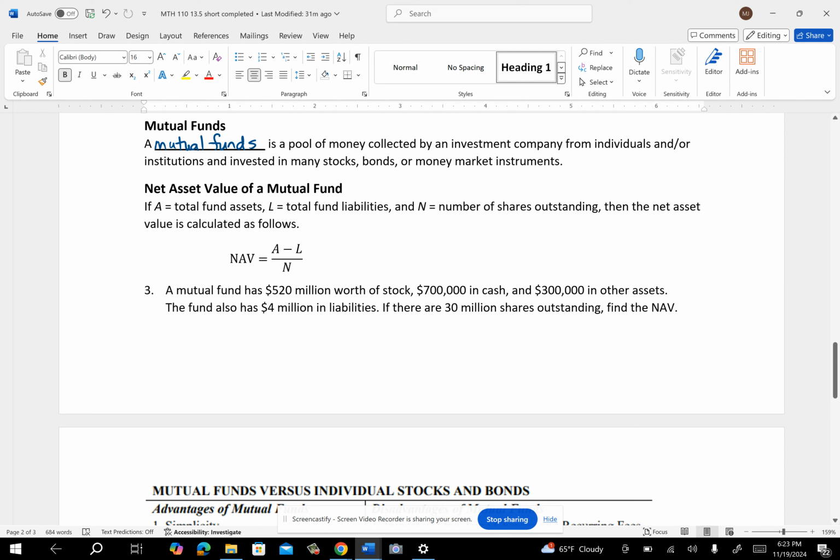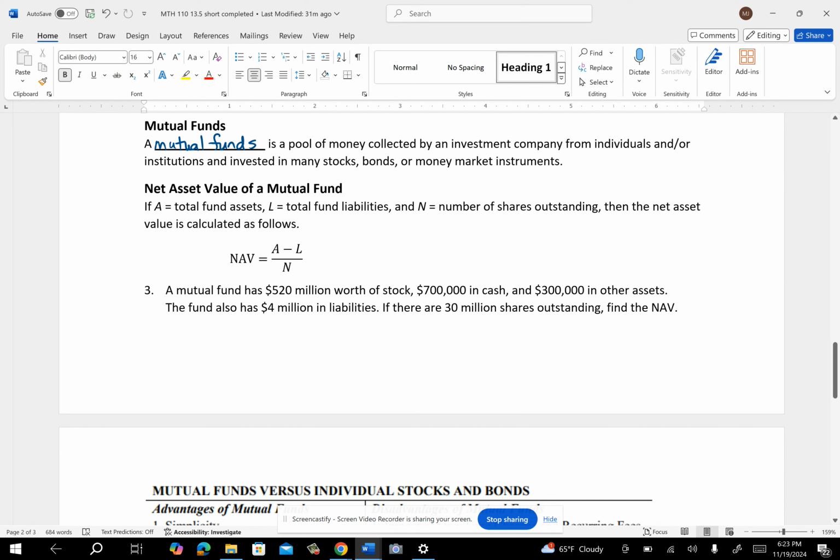Sometimes things like your 401k, you might have that in something called a mutual fund. So that mutual fund can contain a lot of different types of things. It can have stocks in it, it can have bonds, money market, things like that.